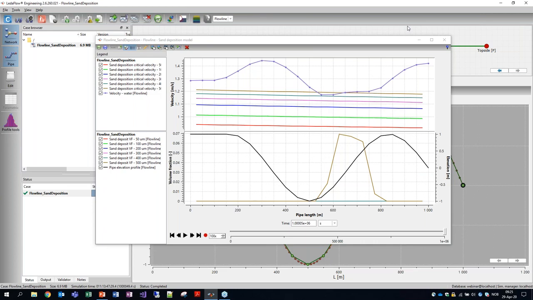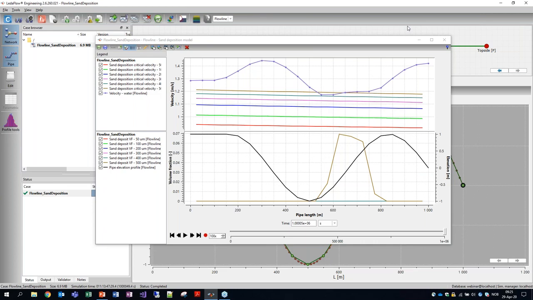Yeah, that's just because that's what you decided to do, isn't it? You don't have to have all of those different particle sizes, do you? You can choose. The reason for that is that in reality, the sand that you have in your pipeline will probably be a distribution of different particle sizes. It's kind of rare to have only one particle size. Okay, so will we always have those sizes in every simulation?